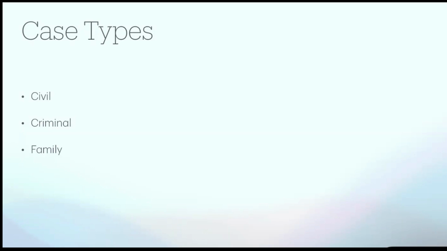Some of these topics we already learned in IPC: assault, battery, robbery, murder, cheating, rape, mischief, sedition, criminal conspiracy. These all come under criminal nature. So we have to file this type of criminal case in criminal courts only. We have two types of courts as well, civil courts and criminal courts.